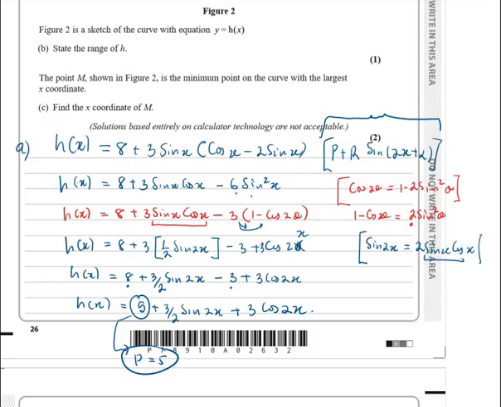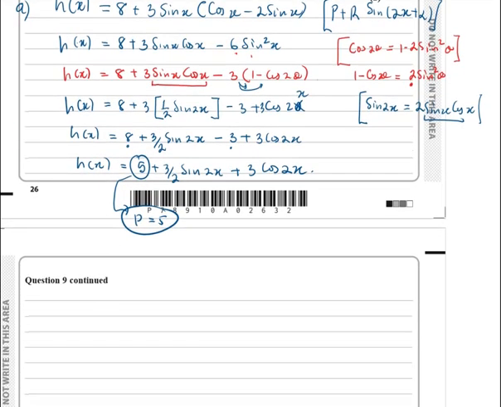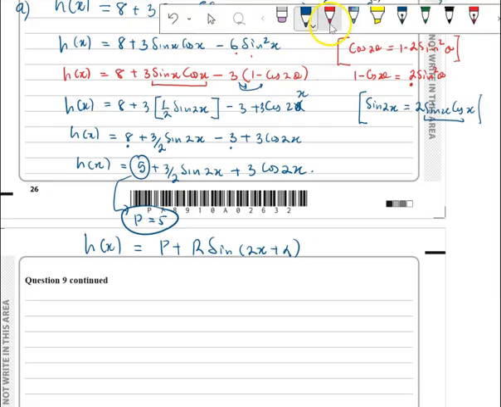Now, if p is equal to 5, what I need to do now, because h of x should equal p plus r sine of 2x plus alpha, is that we already have our p as 5, so I just need to change the expression which is left, this expression here, into this format.